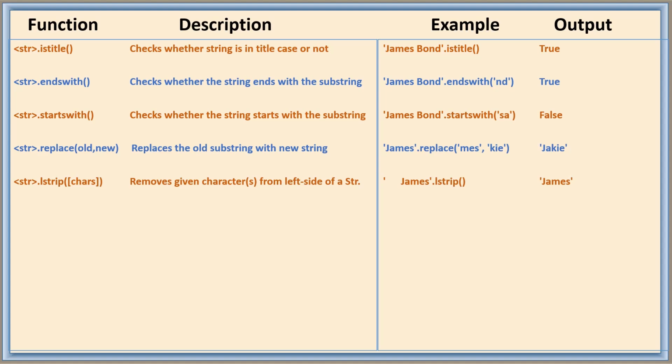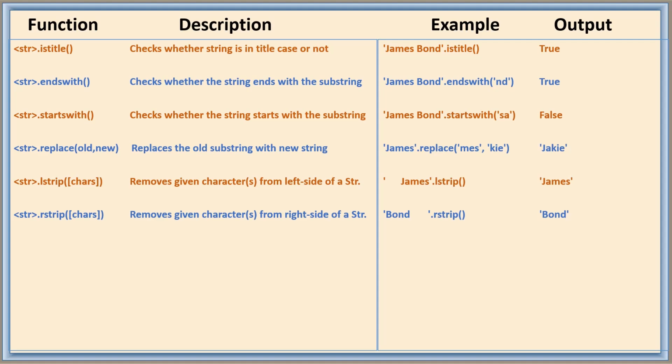L indicates left. In a similar way, we can also have rstrip, that means right strip. The character given can be removed, or else it will remove the white space. You can notice that Bond and then some white spaces are there. Dot rstrip removes all the white space on the right side, and only Bond is given as output.